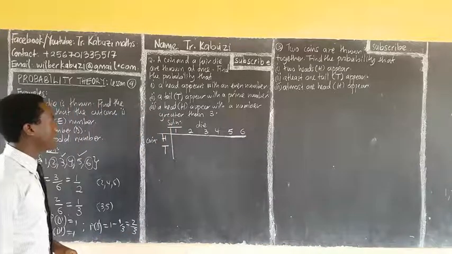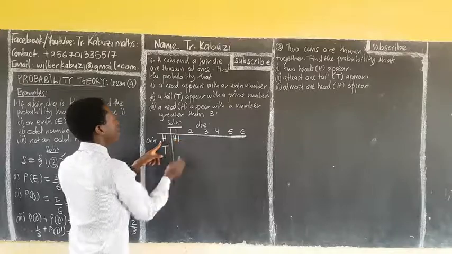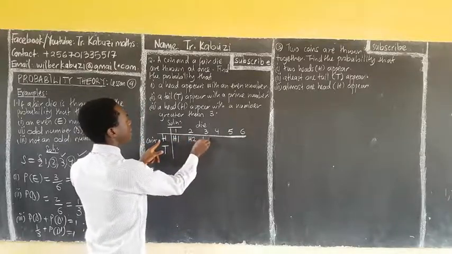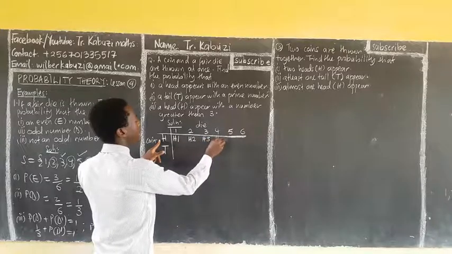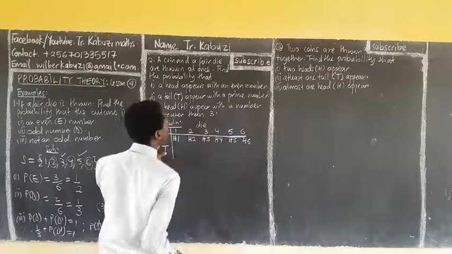Okay, so now you see that for the outcomes, I can have a head and a 1, a head and a 2, a head and a 3, up to a head and a 6.